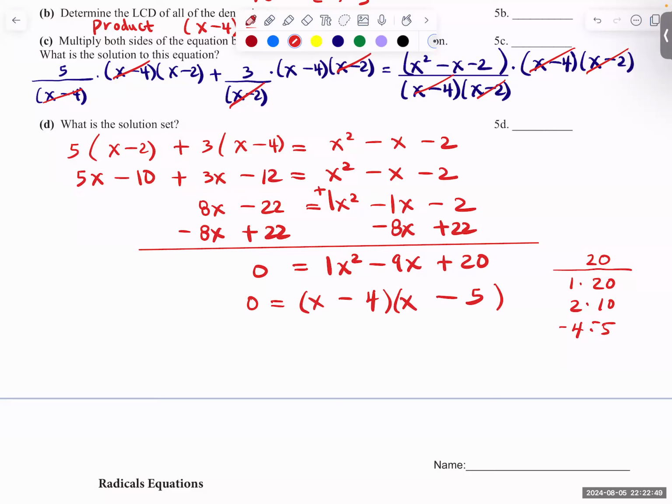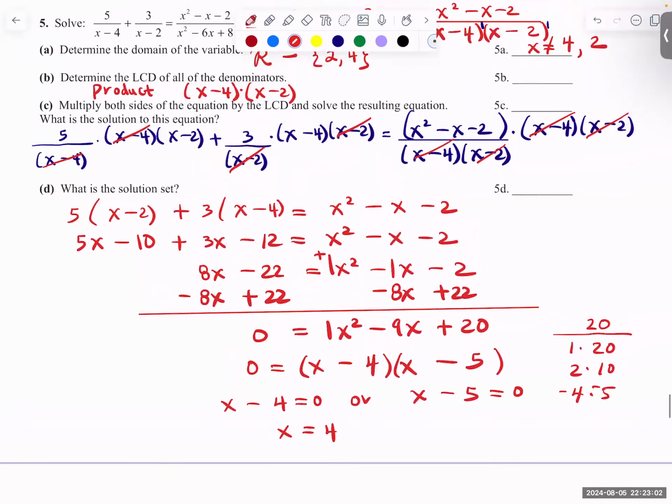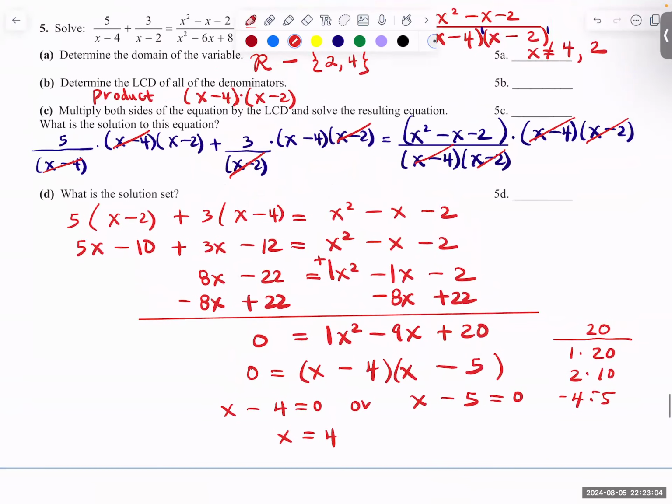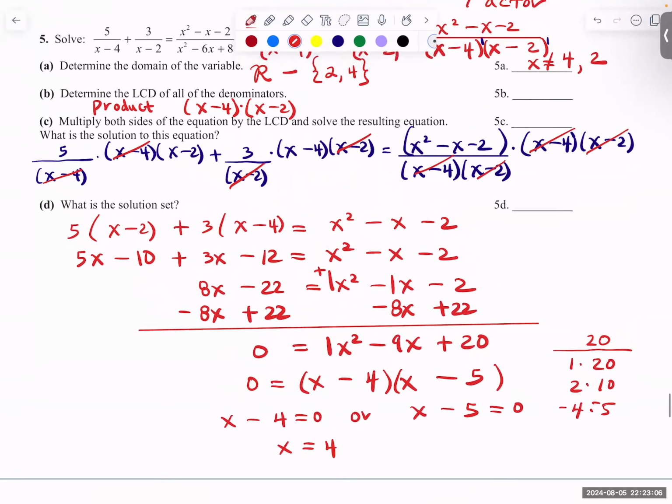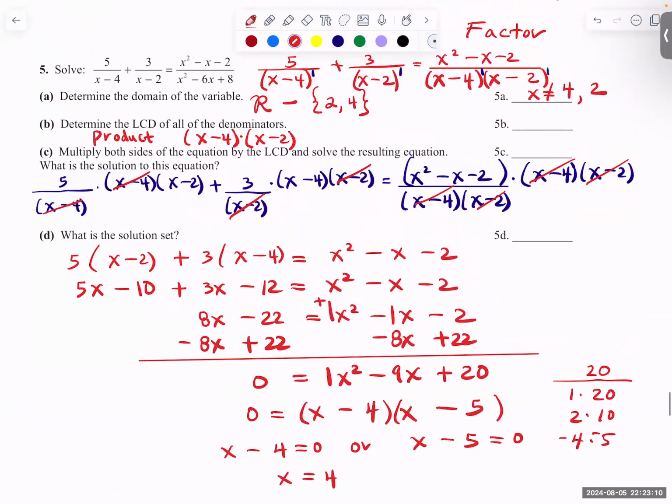So we have either x minus 4 equals 0 or x minus 5 equals 0. So potentially x is 4 if that's not a restriction, but it is, right? That's an excluded value. That would make two denominators of 0, and thus those expressions would be undefined.